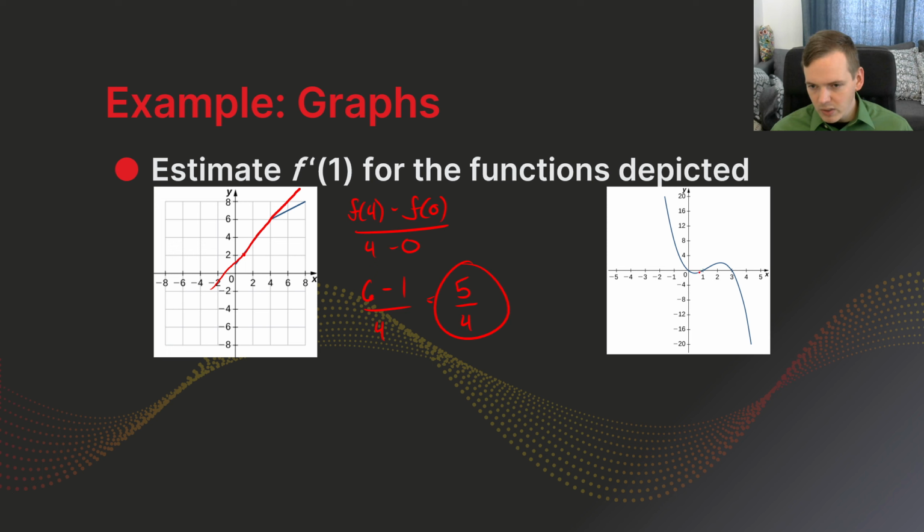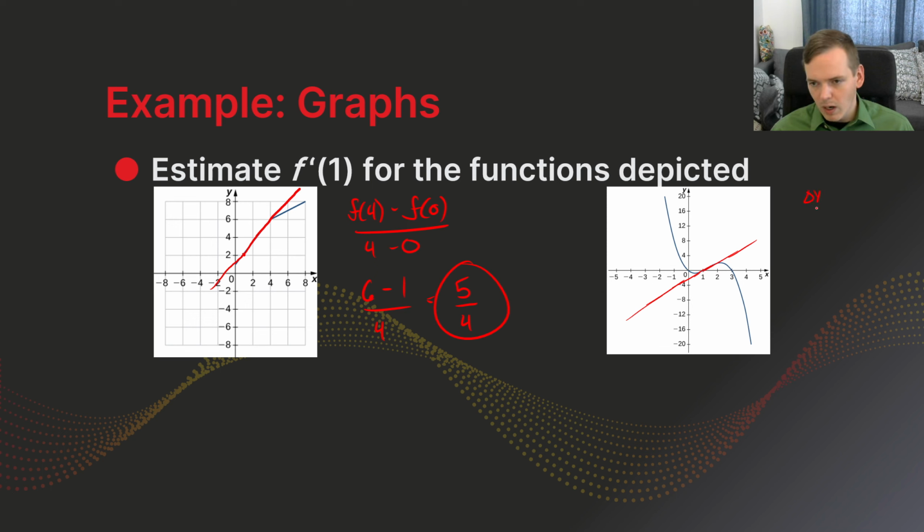For the second function, we're going to just draw in kind of a tangent line there, and we're just going to estimate what this is. I'm going to say that's probably about -2. So over the width of 1, we rise -2.